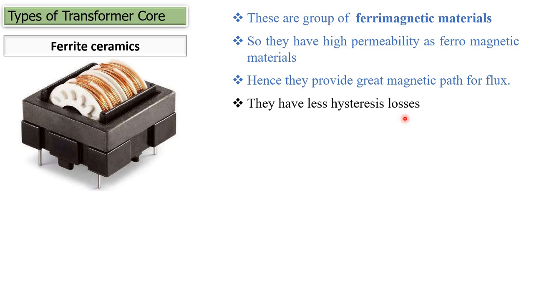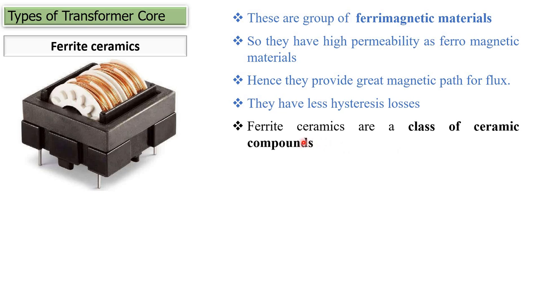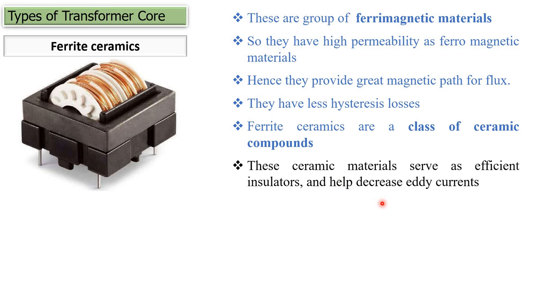These are also having less hysteresis losses. This is one more advantage of ferrite ceramics. At the same time, ferrite ceramics are a class of ceramic compounds, and you know ceramic compounds are good electrical insulators.